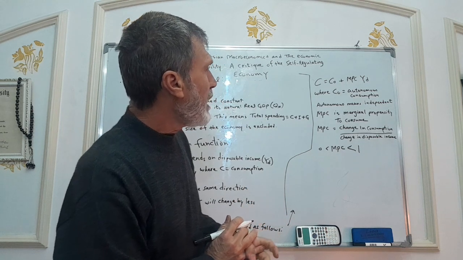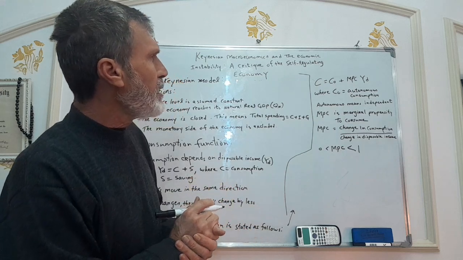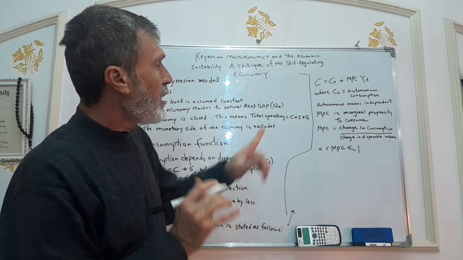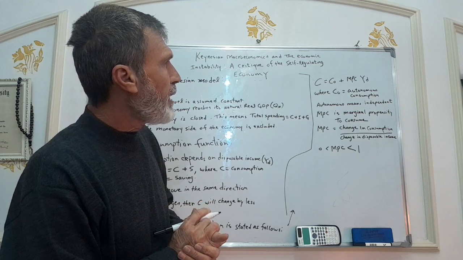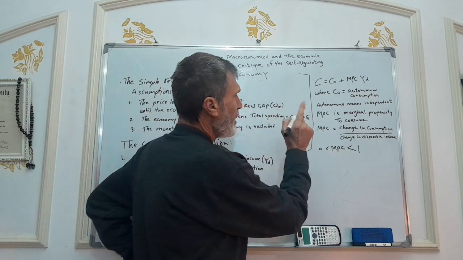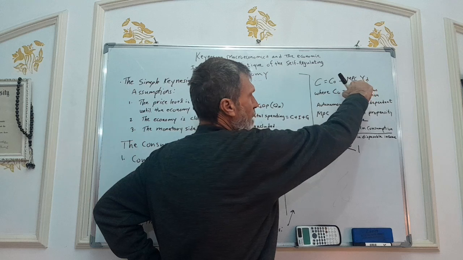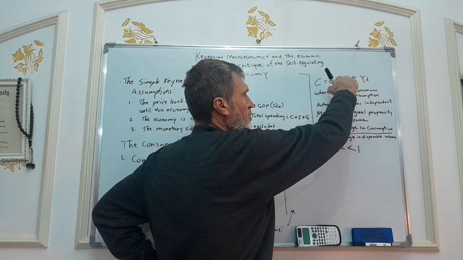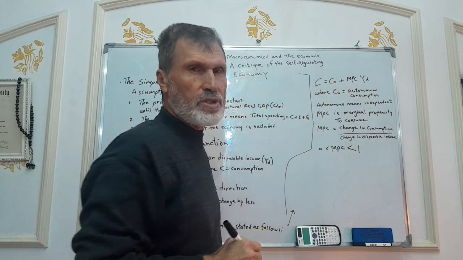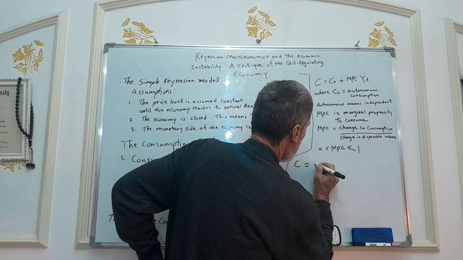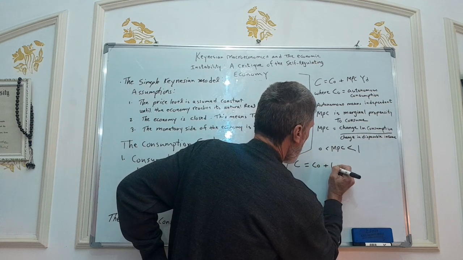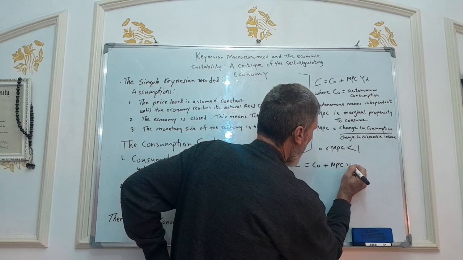Now let us give an example to differentiate, still talking about MPC and YD. YD is disposable income, MPC is marginal propensity to consume, C0 is autonomous consumption, and we could say that C is equal to C0 plus MPC YD.